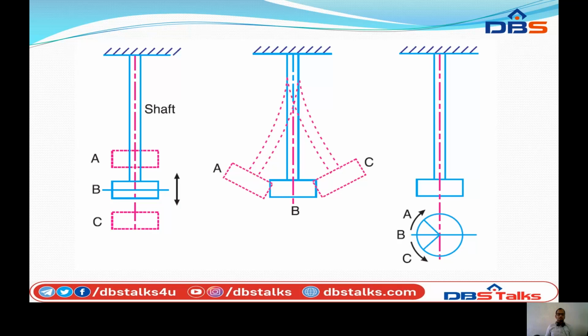Next, torsional. In this case, the shaft or the disc moves in a circle about the axis of the shaft.